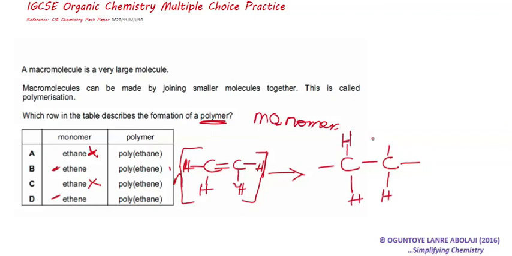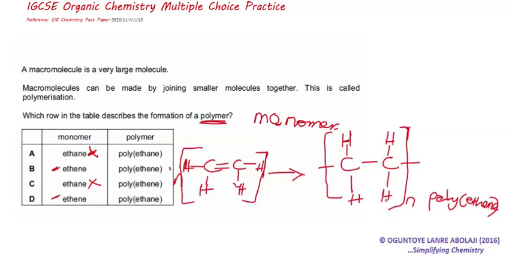When the double bond breaks, it's a kind of addition reaction. So this is called polyethene. It's simply telling us that you have many ethene molecules combined together.